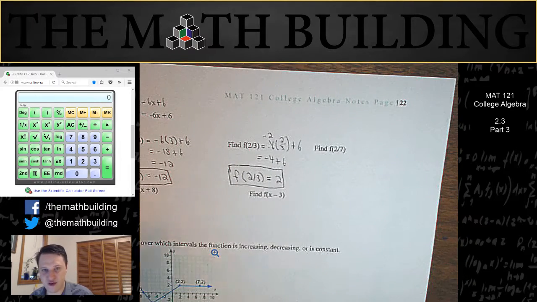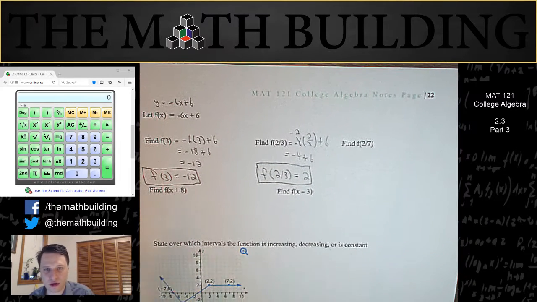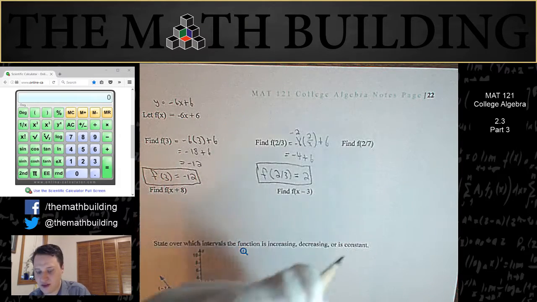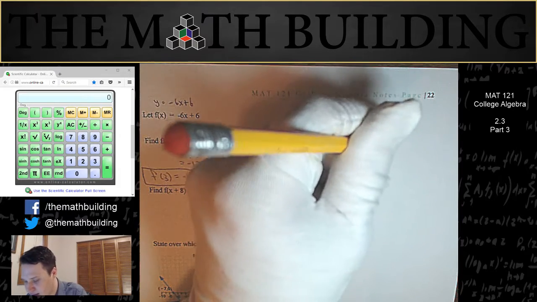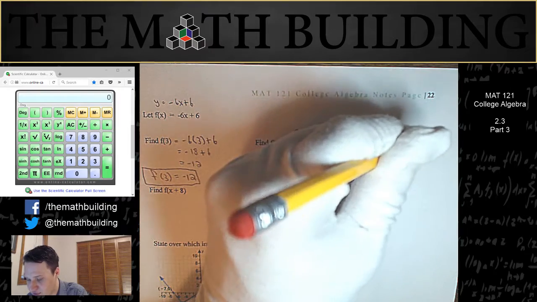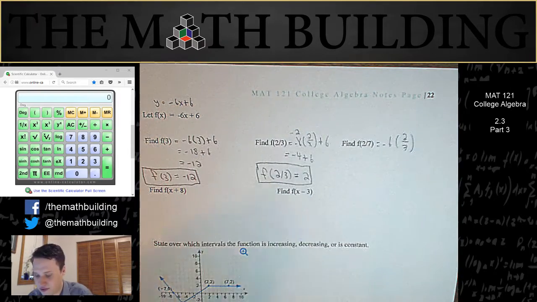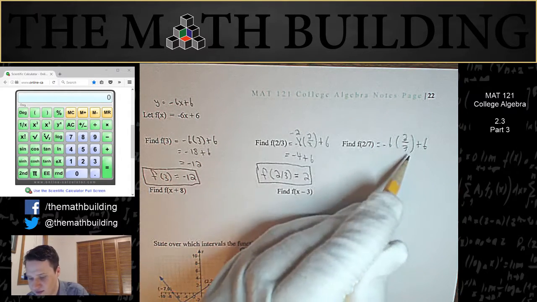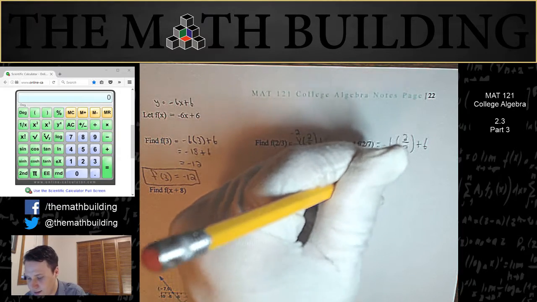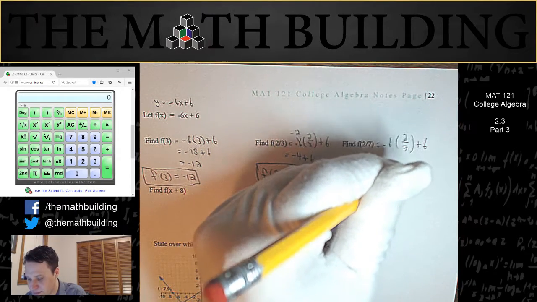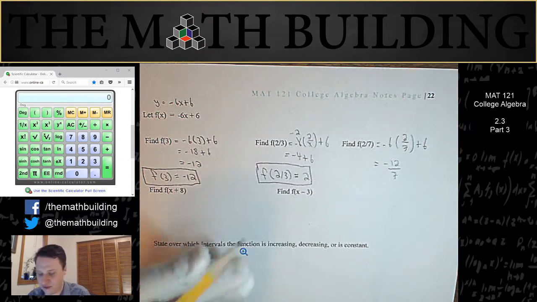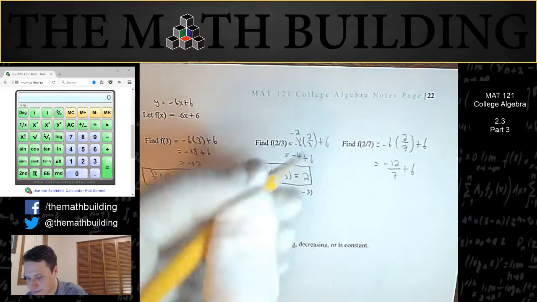Let's find f of 2/7. Again, we're just going to use this function. F of 2/7 is going to equal negative 6 times 2/7 plus 6. There we go. Let's simplify a bit. 6 and 7 don't cancel, so this will be negative 12/7, because 6 times 2 is 12, plus 6.